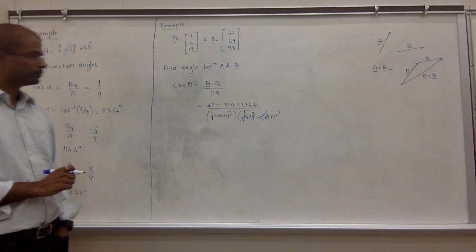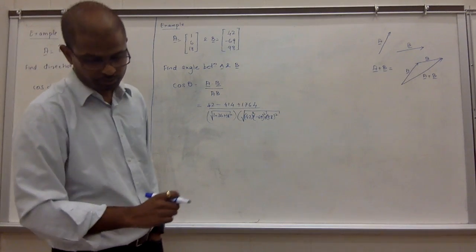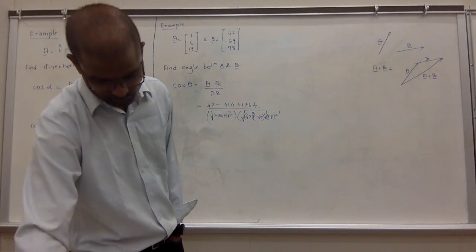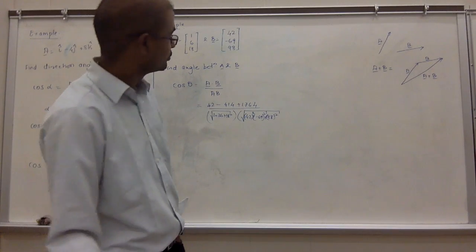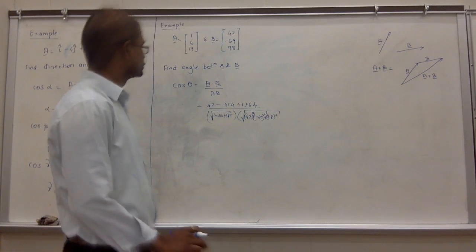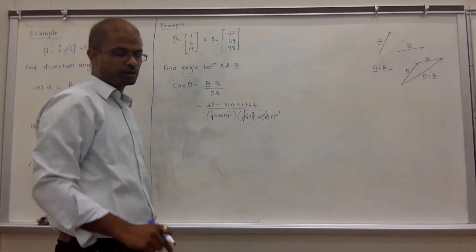Got it? So A and B here are the magnitudes. A is a magnitude, B is a magnitude. These are just scalars.